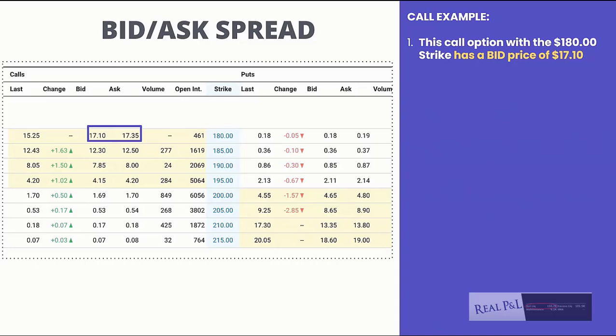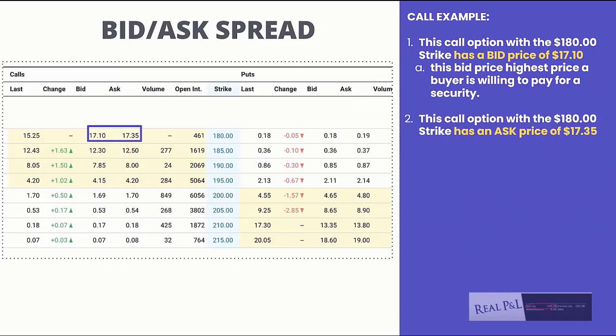So here's a call example. This call option with a 180 strike has a bid price of $17.10. The bid price is the highest price a buyer is willing to pay for a security, or an option in this case. The call option with the 180 strike has an ask price of $17.35. The ask price is the lowest price a seller is willing to accept.